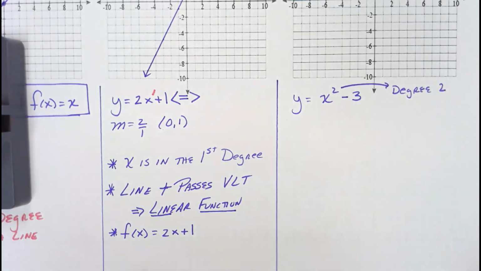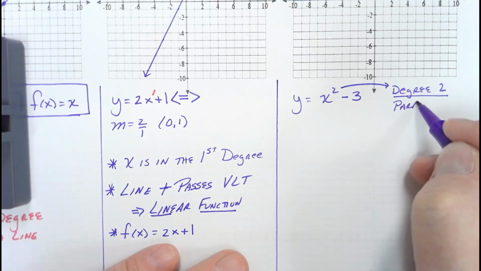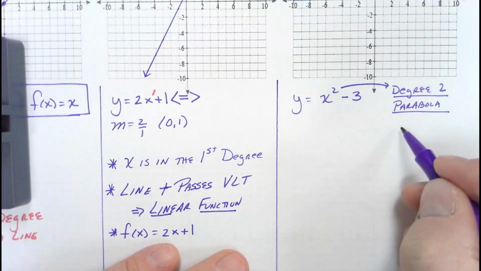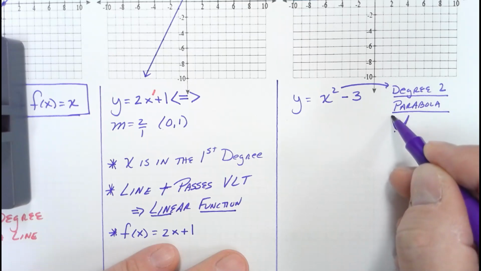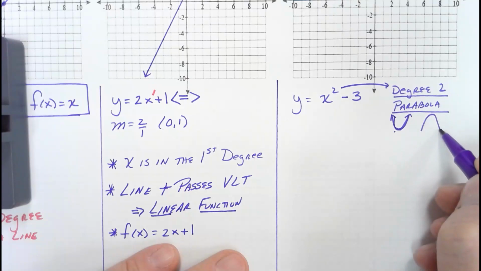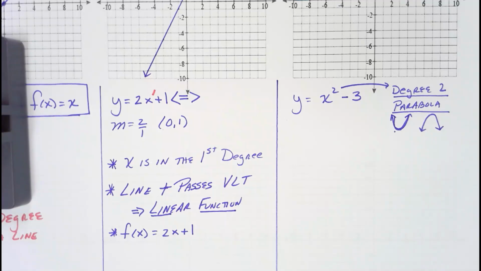And if it's a degree 2, it's a parabola, which means its shape is going to be that looking out the back of a boat. And it could also go upside down, depending on whether you're going up the river or down the river. The shape could go either way.